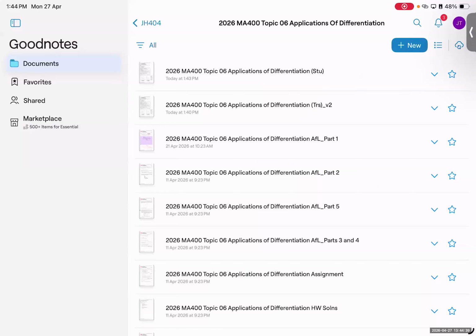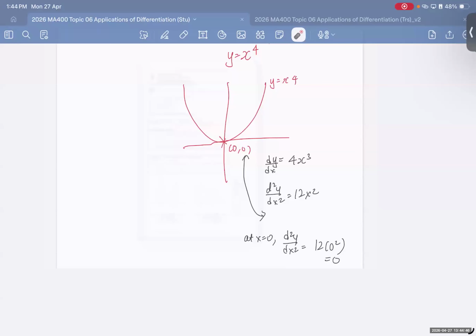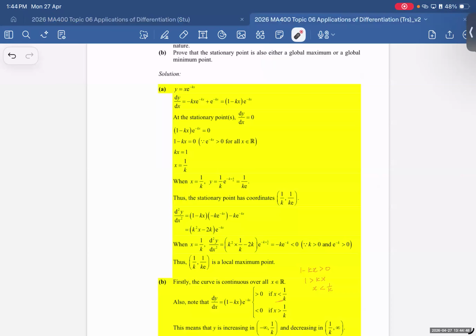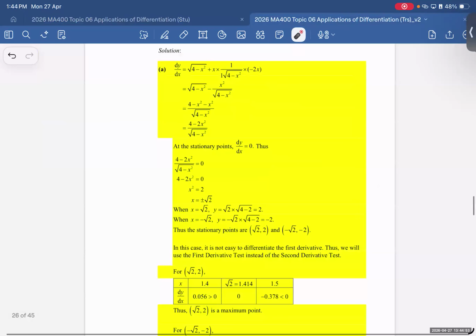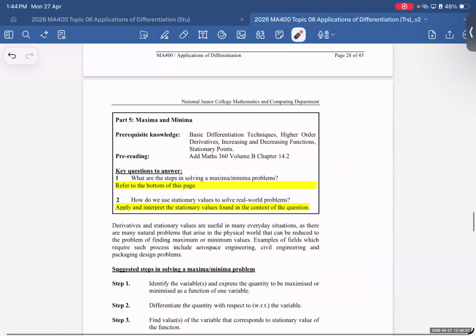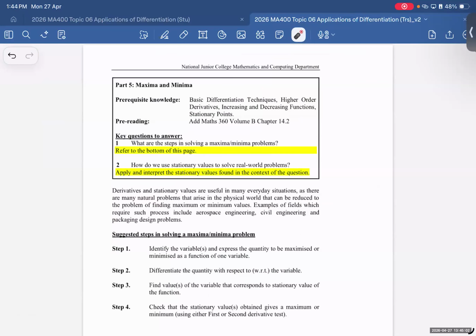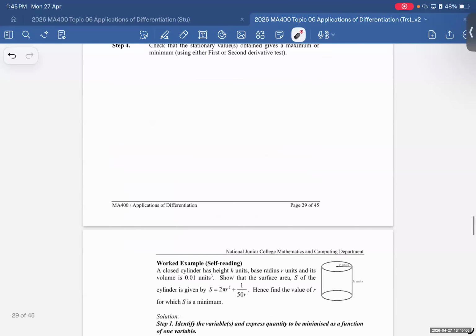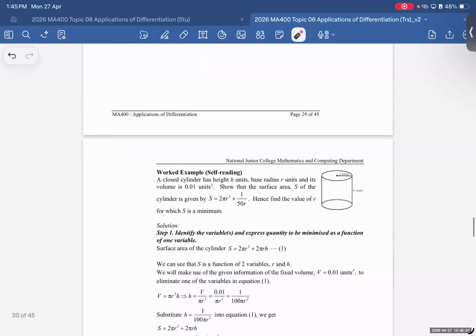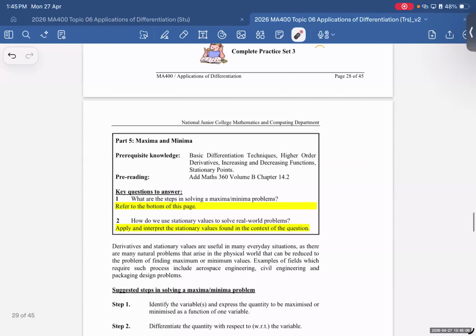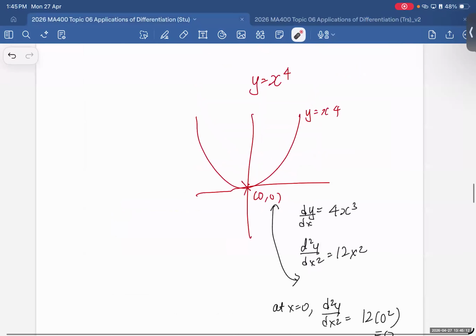So if your second derivative is 0, it is inconclusive. Basically, it's inconclusive, so the second derivative is a point where you will fail. It may be 0, but when you get 0, it doesn't mean that it's a point of inflection. Like I was sharing just now, an example is y equals to x power 4.